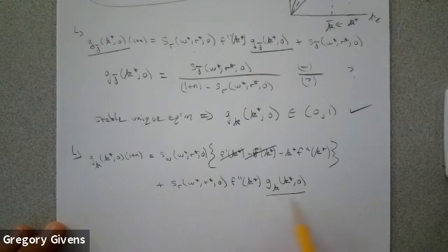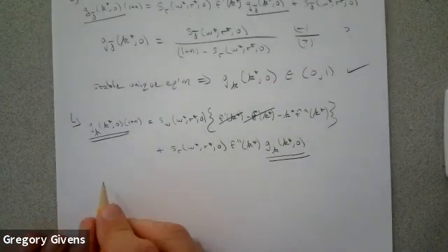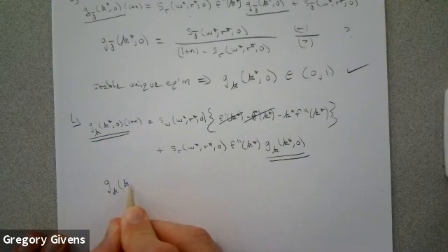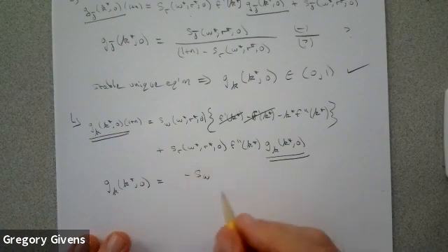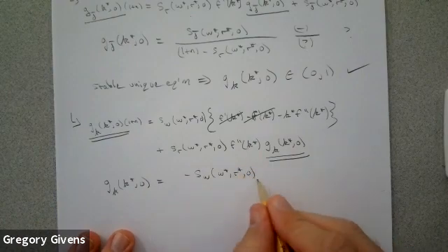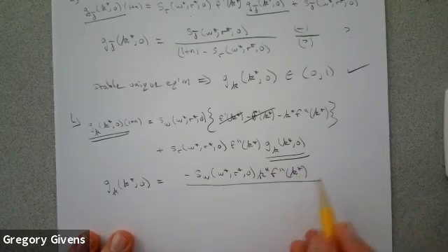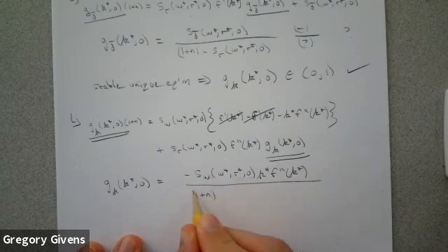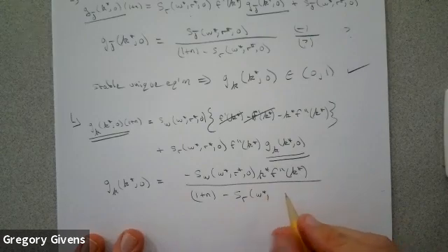Now what we want to do is group terms and solve for G sub K. If you rearrange that equation, what you're going to find is that the partial of G with respect to K is equal to negative S sub W times K star F double prime divided by 1 plus n minus S sub R, W star R star 0.